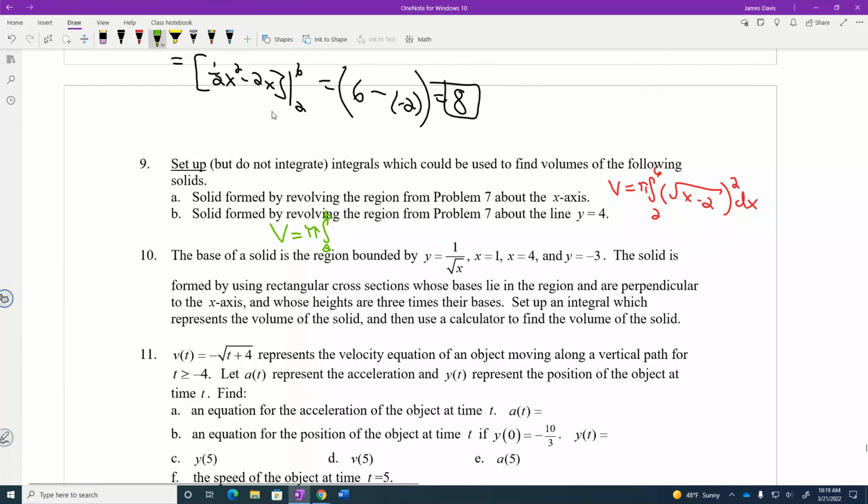So 4 squared minus 4 minus. No, we don't have to solve that. That's a whole B solution here.